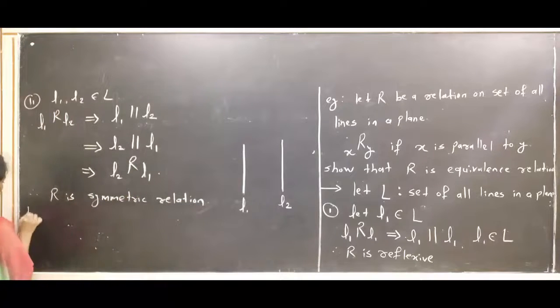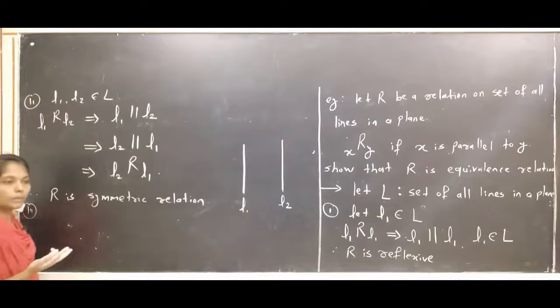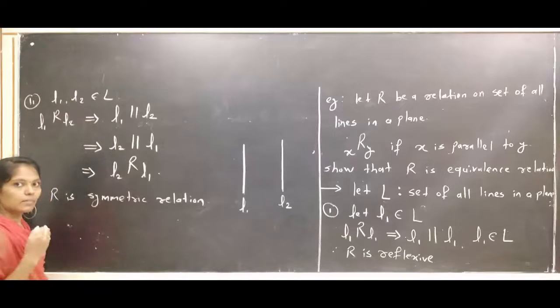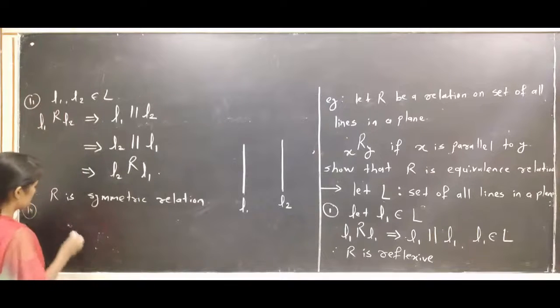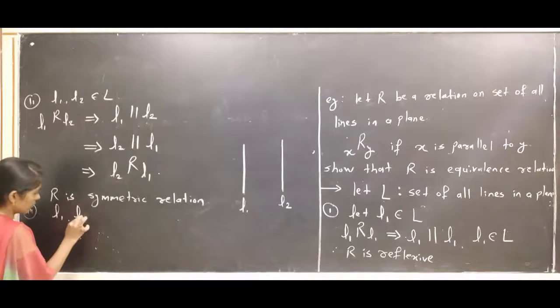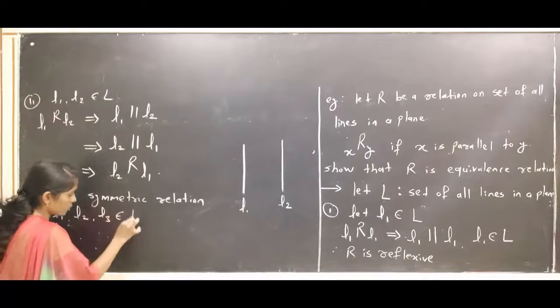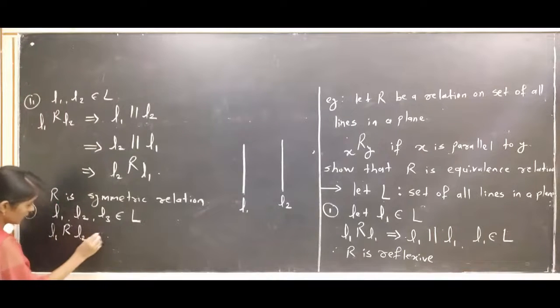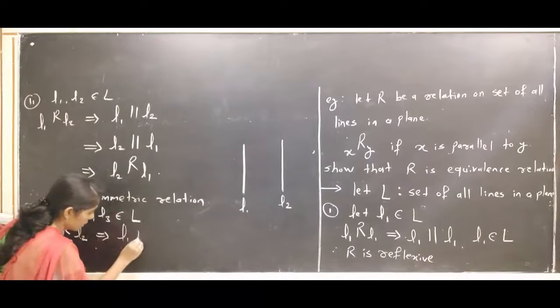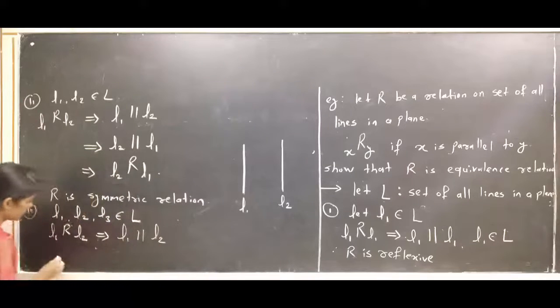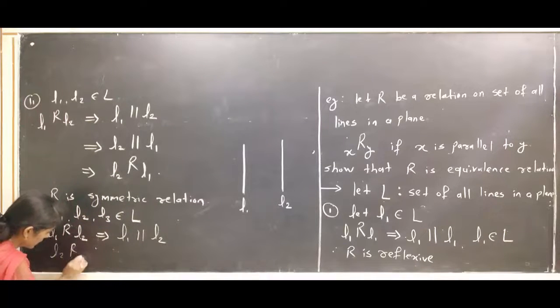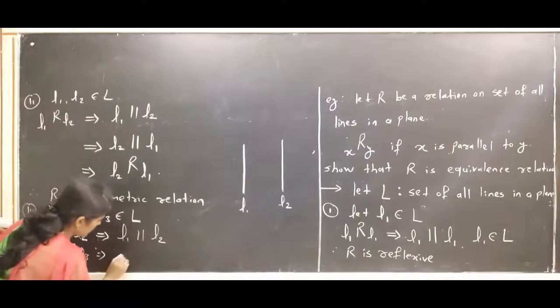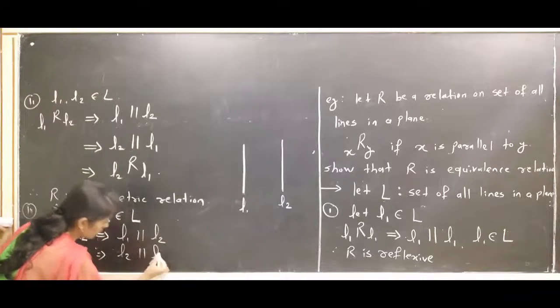Now third point, transitivity. Transitivity means A related to B, B related to C implies A related to C. So here we take three lines, L1, L2 and L3 belonging to set L. L1 related to L2 implies that L1 is parallel to L2, and L2 related to L3 implies that L2 is parallel to L3.